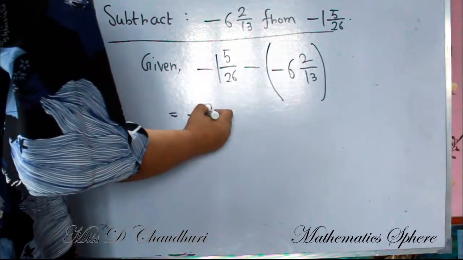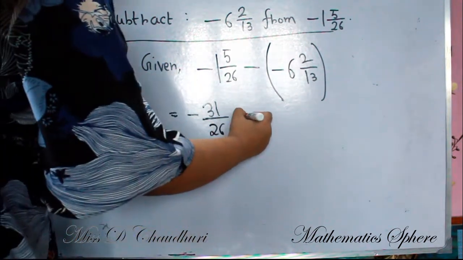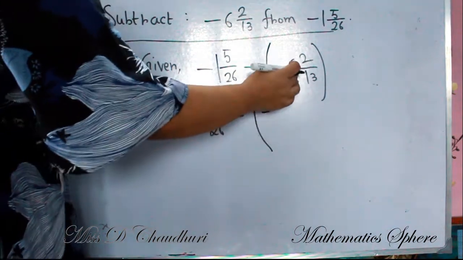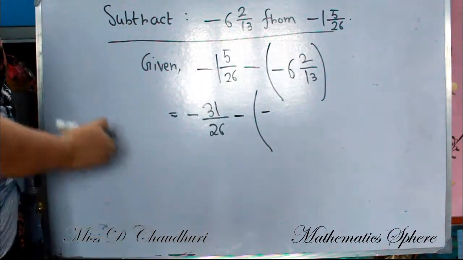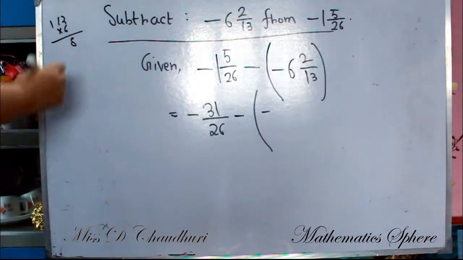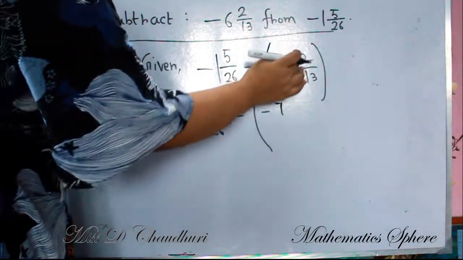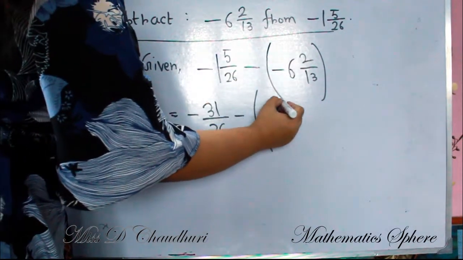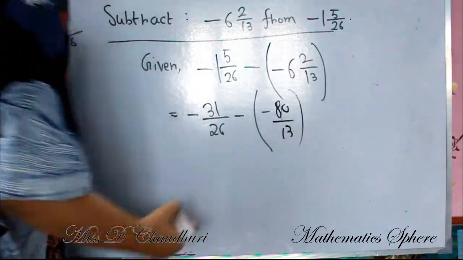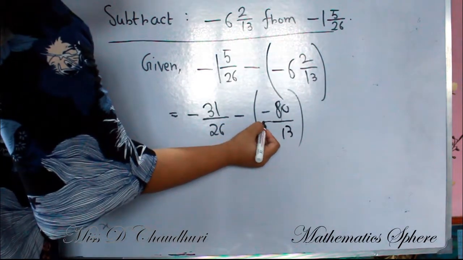So this minus will remain. 26 plus 5 ultimately will give you 31 by 26. Minus this one in the bracket, we are going to get 13 into 6, which is 78. So this is minus 78. Oh sorry, this 2 will be added, so this is 80 by 13. Very sorry, this negative should not go out.